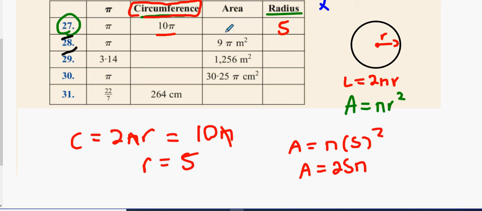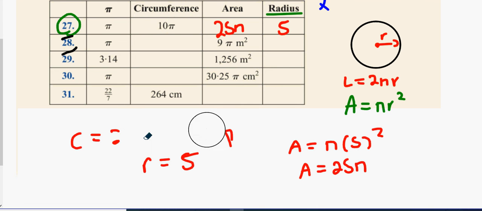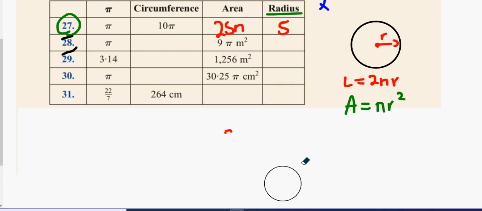Alright. What do you reckon about the next one? What formula do I have to start with this time? They give me area this time. So pi r squared equals 9 pi. What happens to the pi's on both sides?